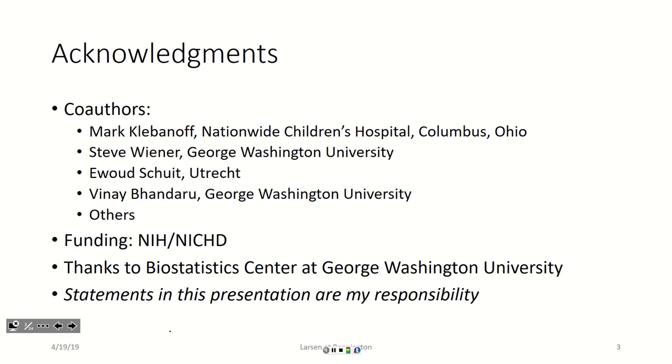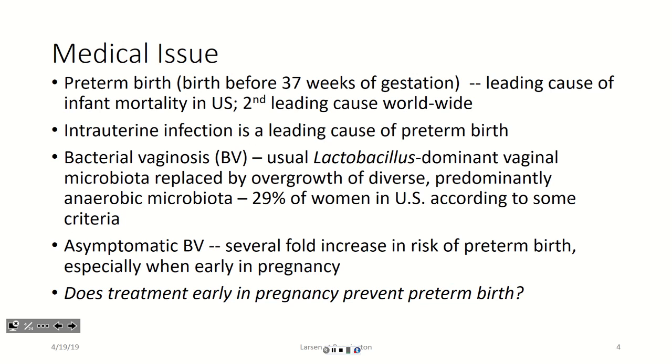It was funded by the National Institutes for Child Health and Human Development, and there's usually a disclaimer that these are my ideas, my responsibility, and you can't hold anybody else accountable for my mistakes. But the medical issue is about preterm birth, which is birth before 37 weeks of gestation.